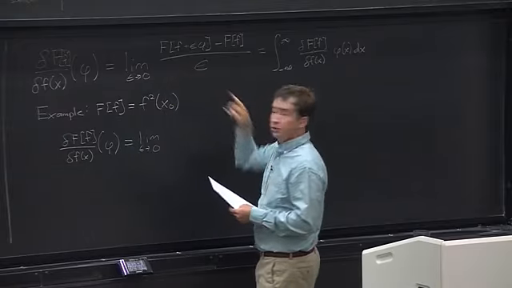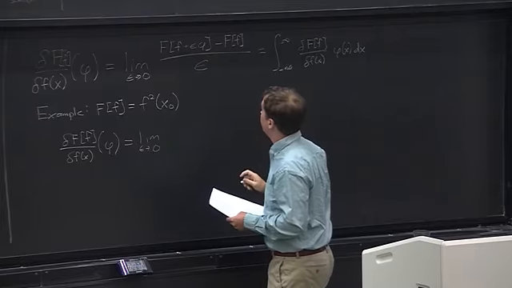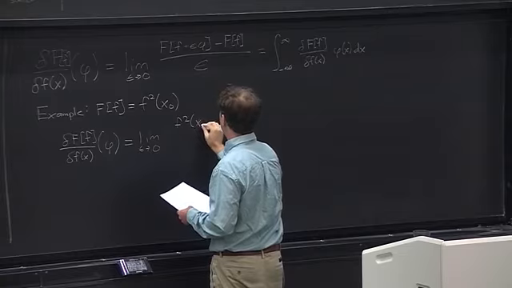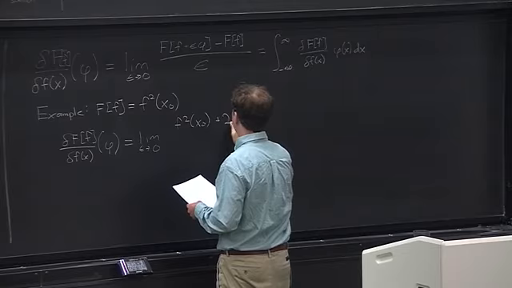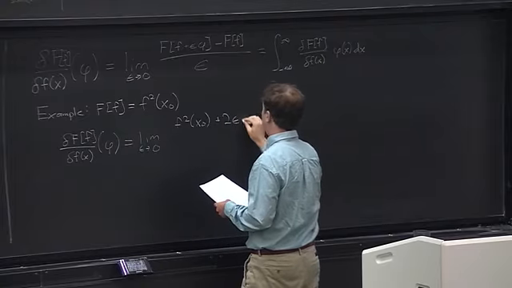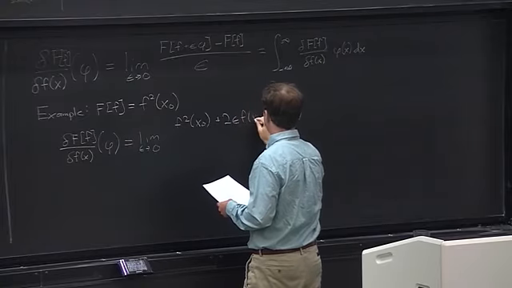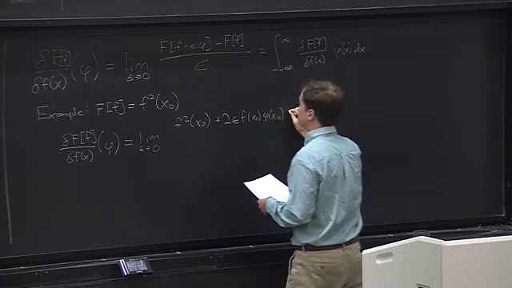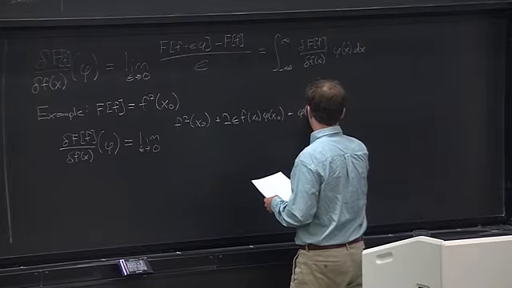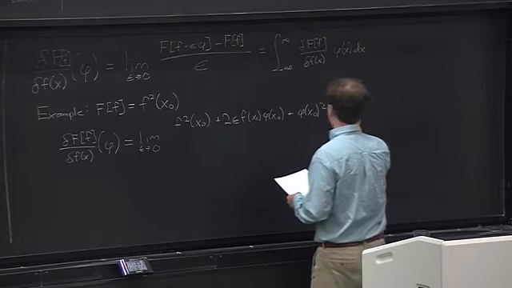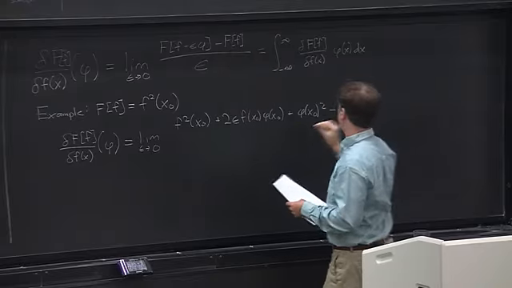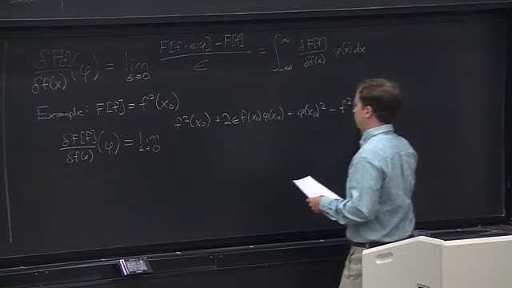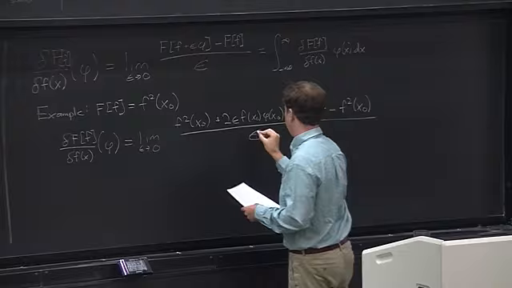We evaluate F of f plus epsilon phi. We get f squared of x naught plus 2 epsilon f of x naught phi of x naught plus epsilon squared phi of x naught squared, minus this term, which is just f squared of x naught, divided by epsilon.